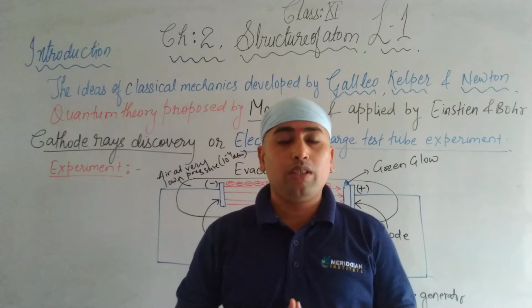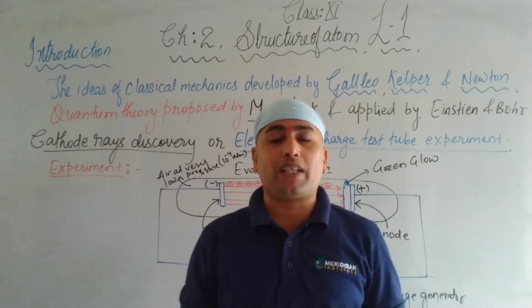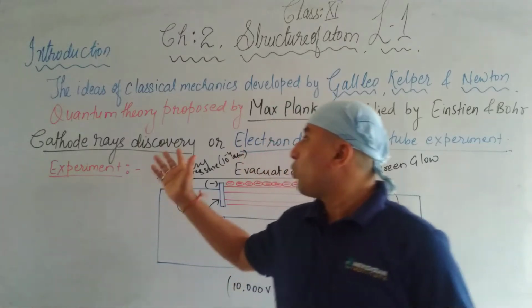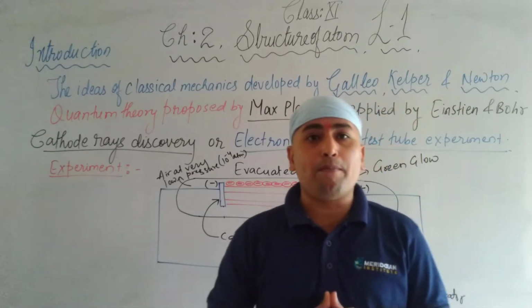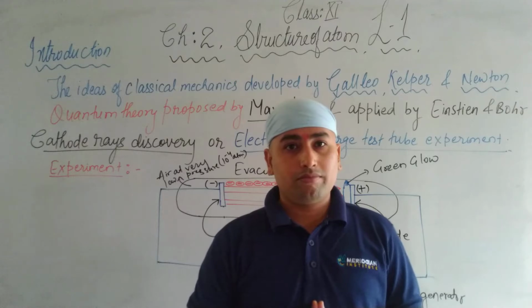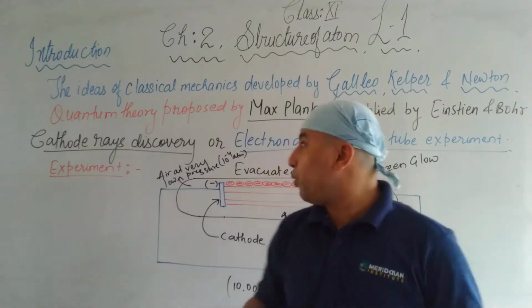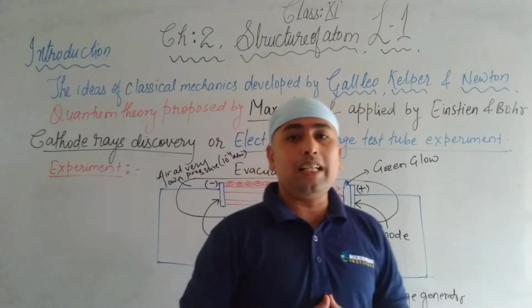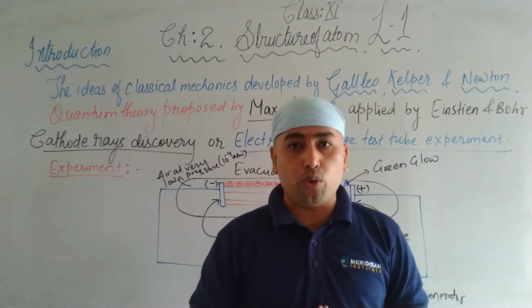But even then, a lot of fluctuations came in the postulates of their atomic models. After them, quantum theory was proposed by Max Planck, and it was applied by Albert Einstein and Niels Bohr.